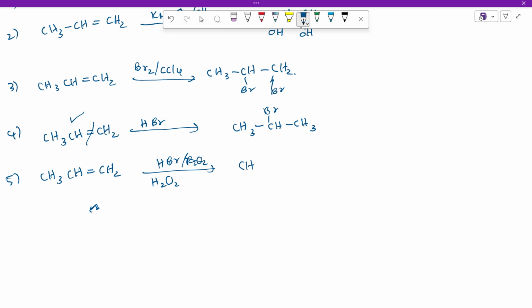So CH3CHCH2, here only the Br should be added. Instead of Br here, you must add the hydrogen to that particular place. That means exchange the positions.